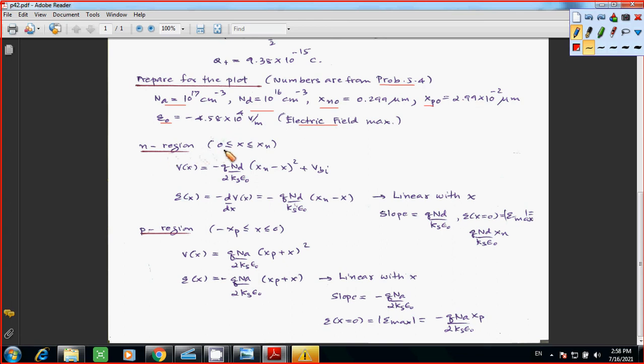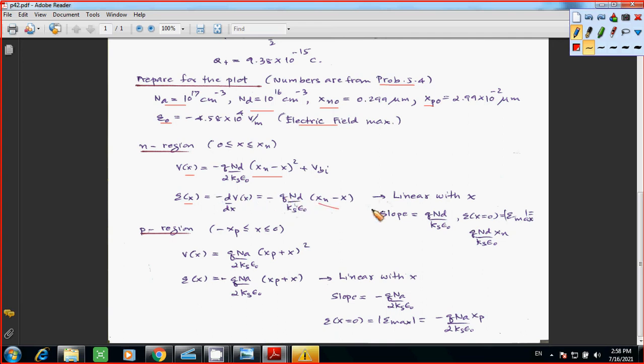Then for the N region, x greater than or equal to 0, or less than or equal to xn, you have the equation Vx equal to this. And your electric field is simply the negative derivative of the voltage with respect to x.